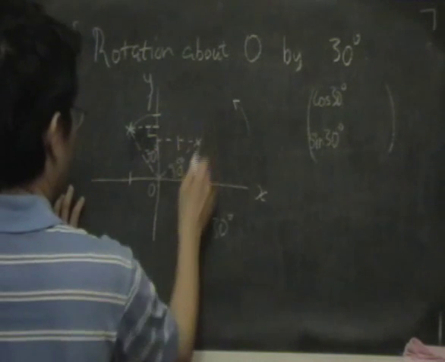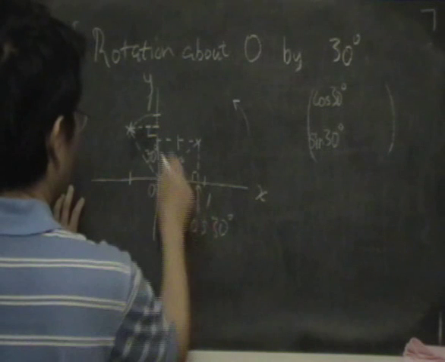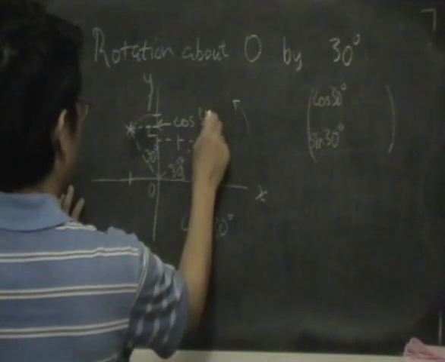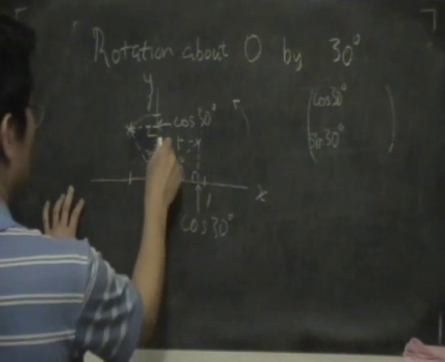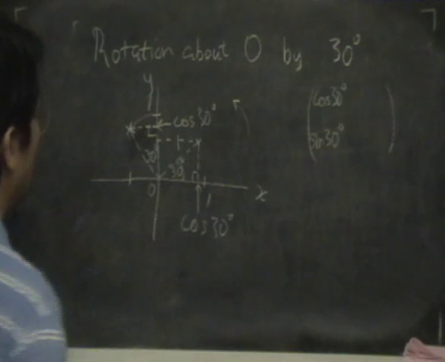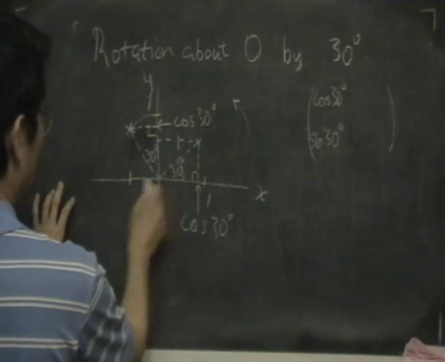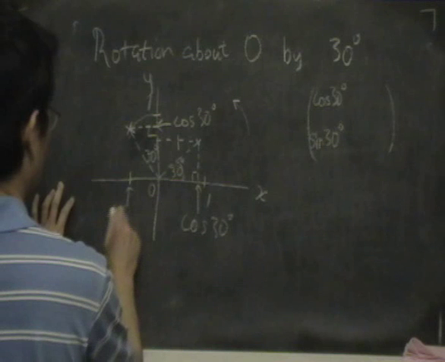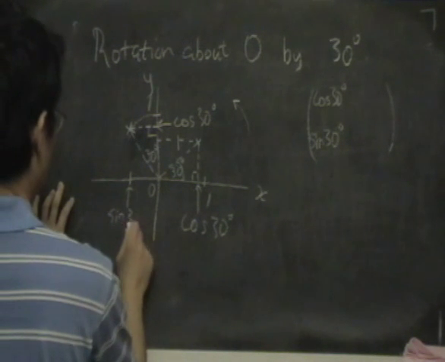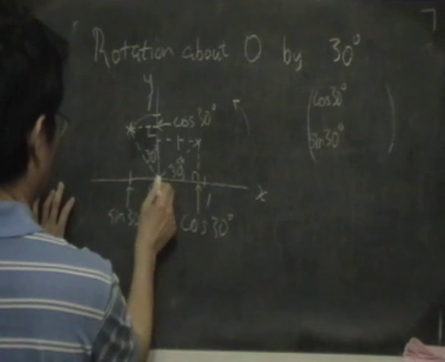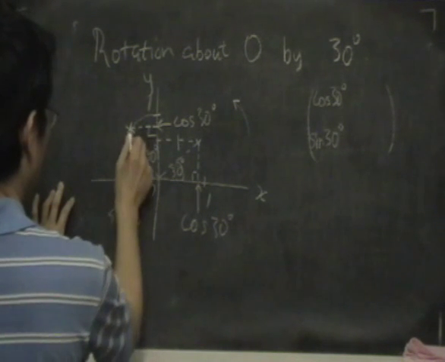So therefore, since this is cosine 30, this is also cosine 30, and since this is sine 30 degrees, this length must also be sine 30 degrees. That's the length from there to there.